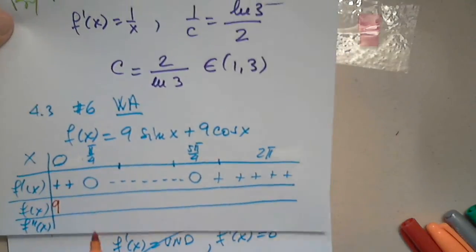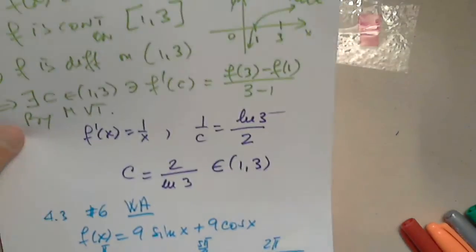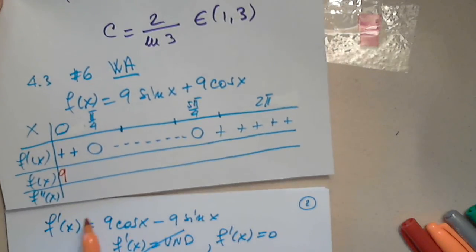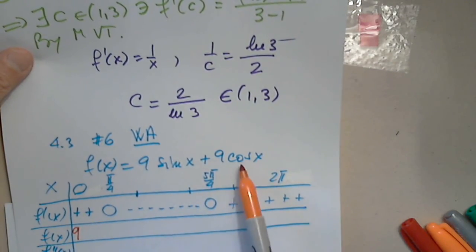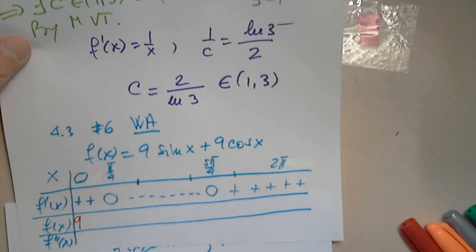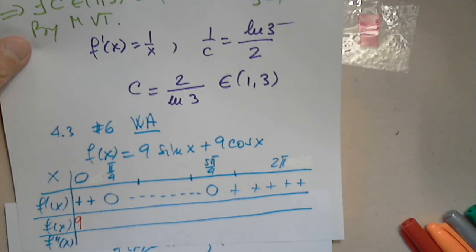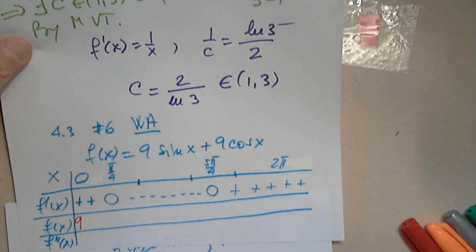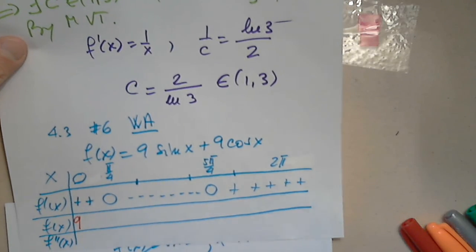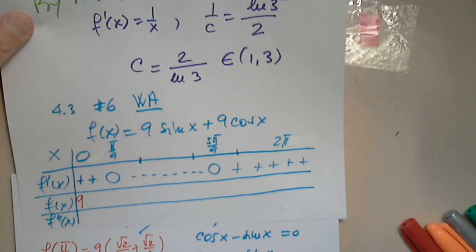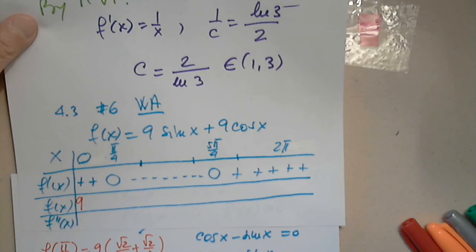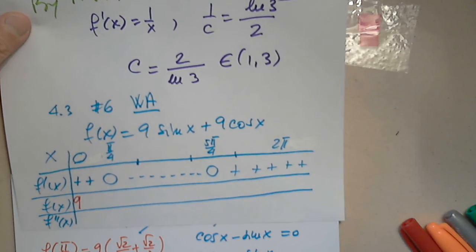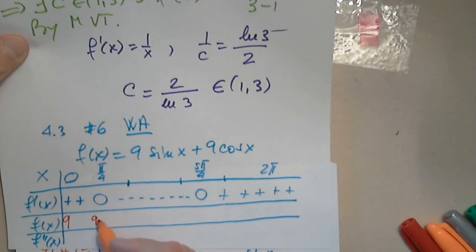For pi over 4, both are the same. So f of pi over 4, I have 9 times the square root of 2 over 2 plus the square root of 2 over 2. So this is 9 times the square root of 2.